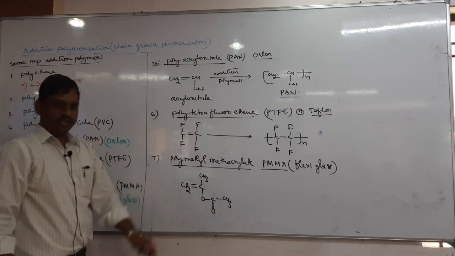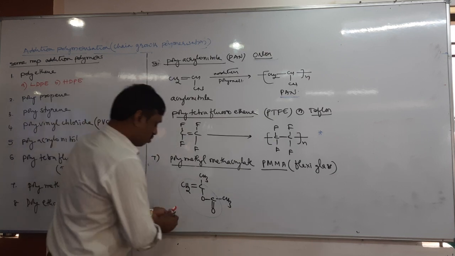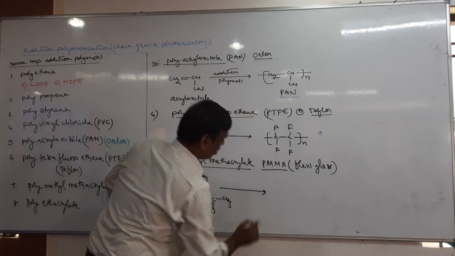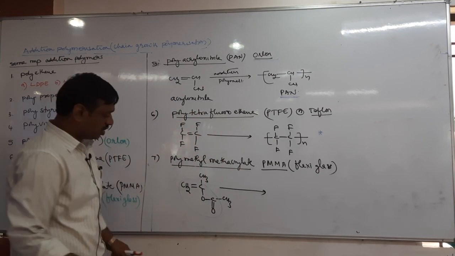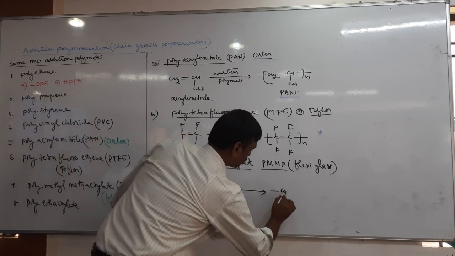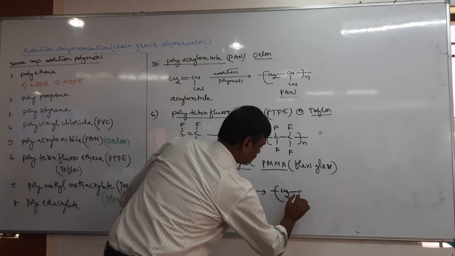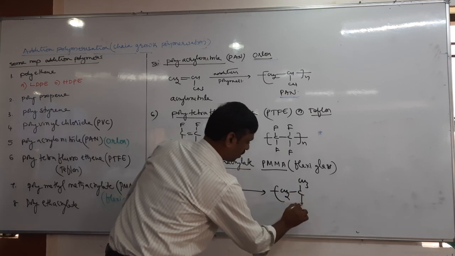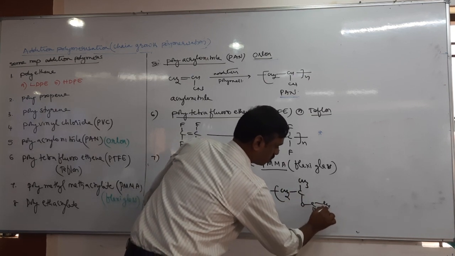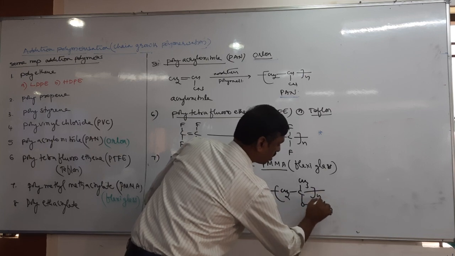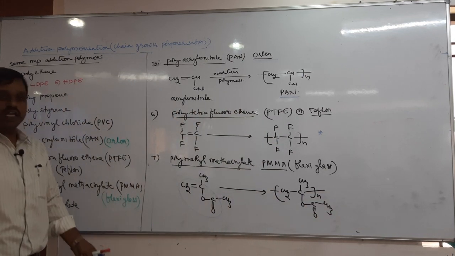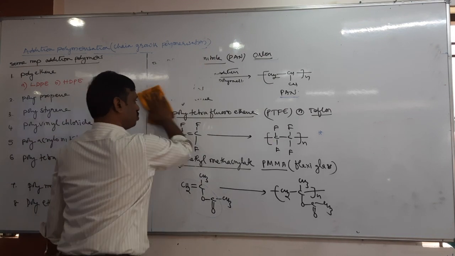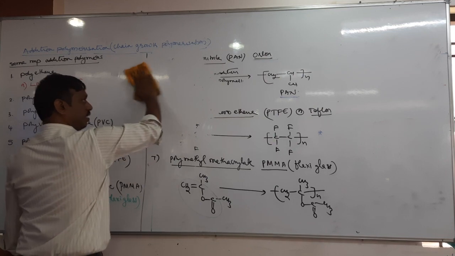It undergoes addition polymerization in the presence of high temperature, pressure and peroxide catalyst. The polymer structure is CH2, the double bond becomes single bond, CH3 stays the same, and C double bond O, OCH3, with n. This is PMMA, used as decorative material.